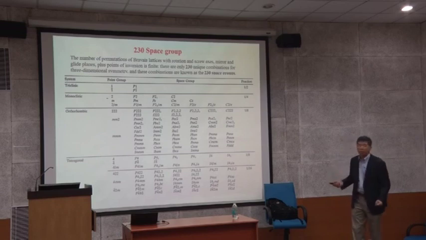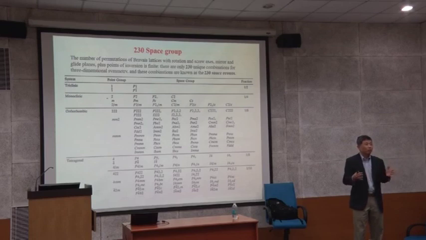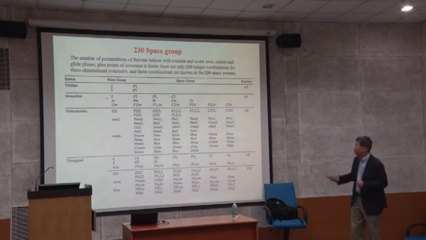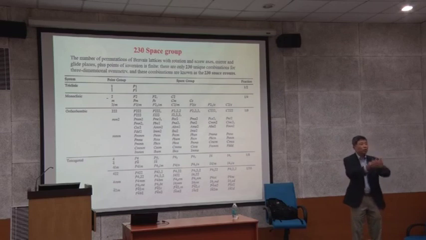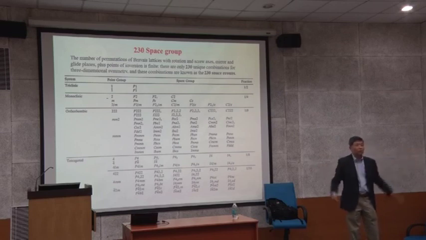I think it's very useful, but I'm not going into detail. This is beyond this lecture, because it's not really a lecture on space group structure. But I think it's very important to the scope of the work and to what the structure is.